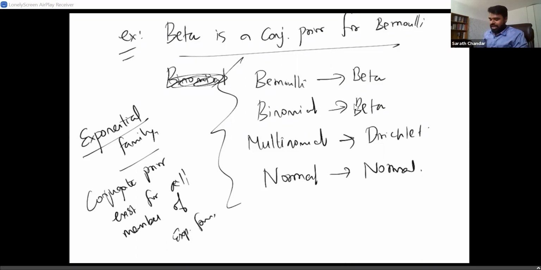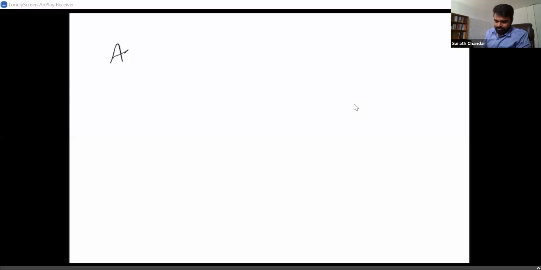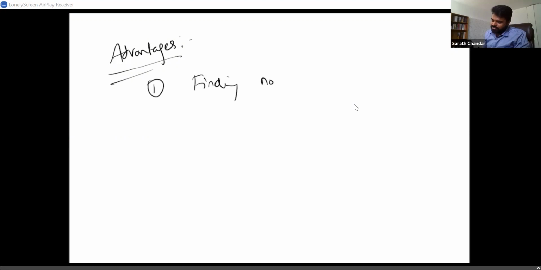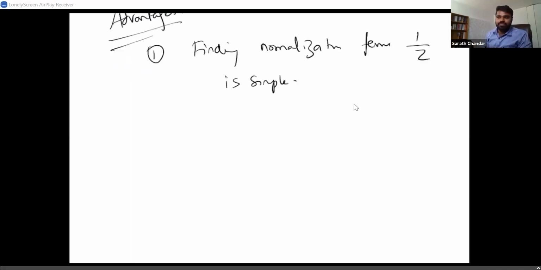Now, this idea of conjugate priors has several advantages. Let's go over some of them. The first main advantage is finding the normalization term, 1 over Z, is simple. We don't need to worry about the normalization term at all, because now we know that we can come up with a closed form solution.